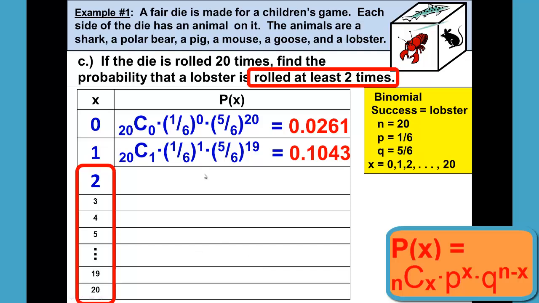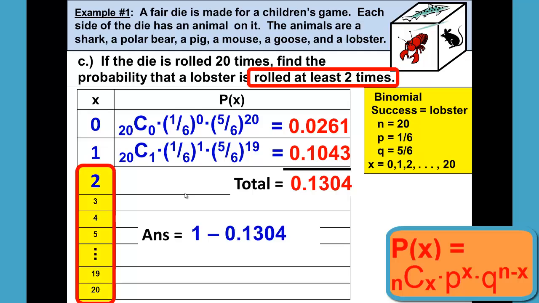And if we add up the 2 uncircled parts, our complement, that will give us 0.1304. And our answer will be 1 minus the 0.1304, and gives us our answer of 0.8696.